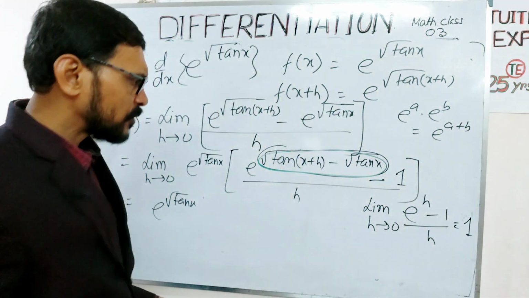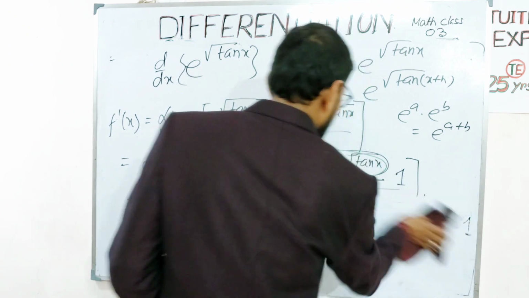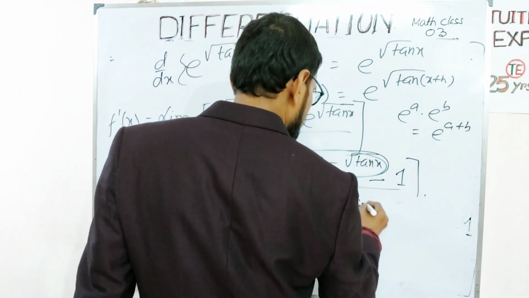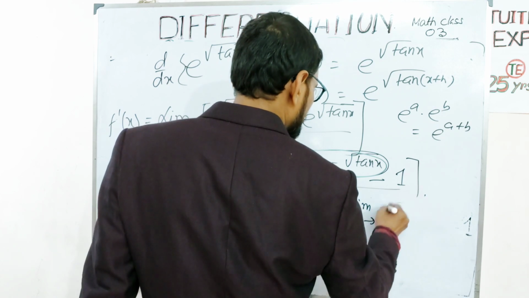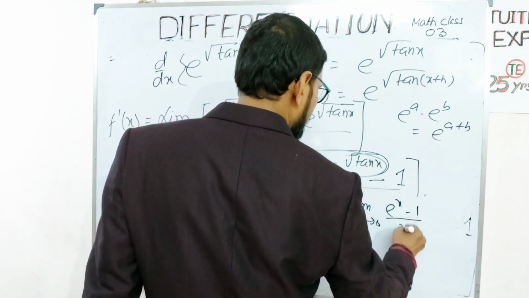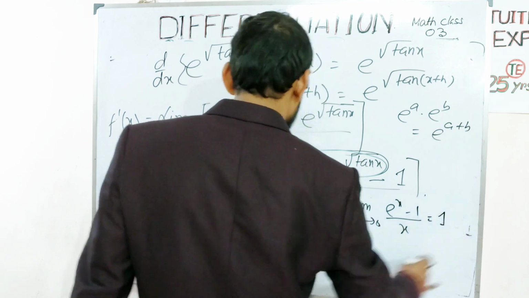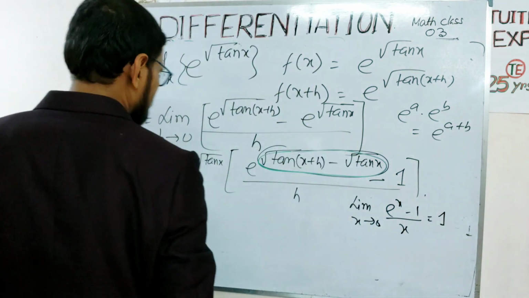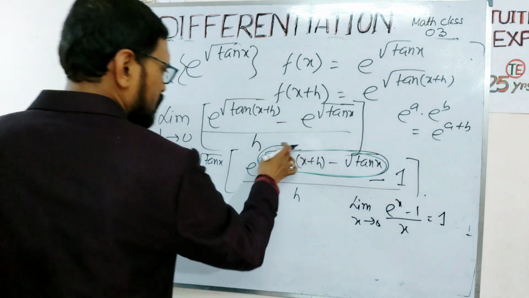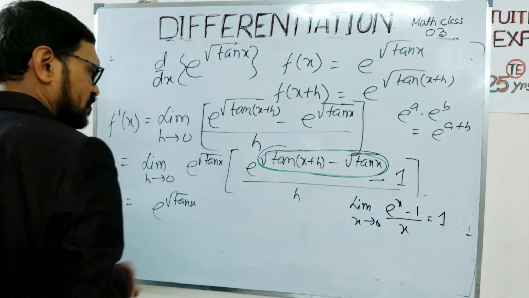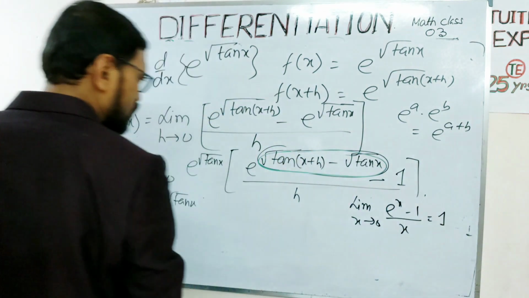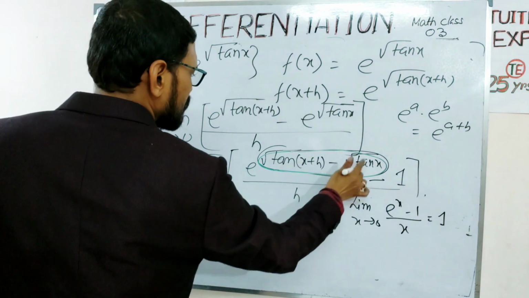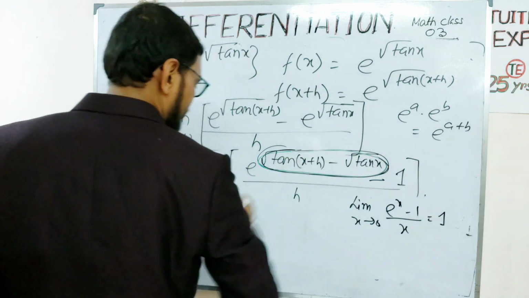If you think of the formula, limit x tends to 0 of e to the power x minus 1 by x equals 1, consider this term as x. Now when h tends to 0, this also tends to 0. So x tends to 0 means h tends to 0, and h tends to 0 means x tends to 0. So consider this as x.